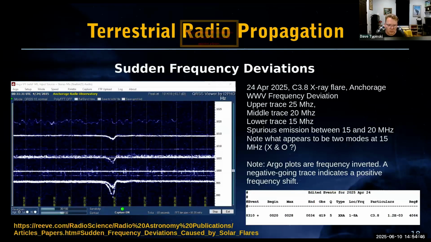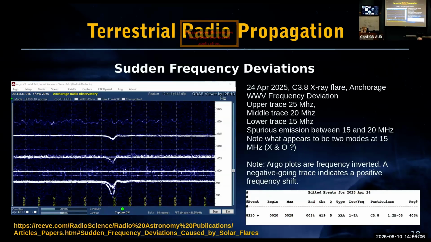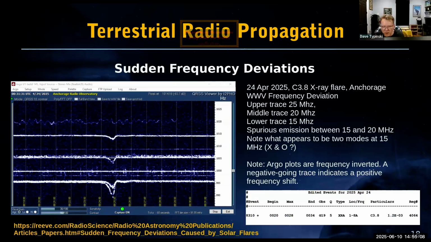Here's one that Whit Reeve really gets into up there in Anchorage. Sudden frequency deviations works kind of the same way as that lunar ranging. What you're doing is looking at WWV, and then you're looking for Doppler shifts. And these Doppler shifts have 2 main sources, one mainer than the other.